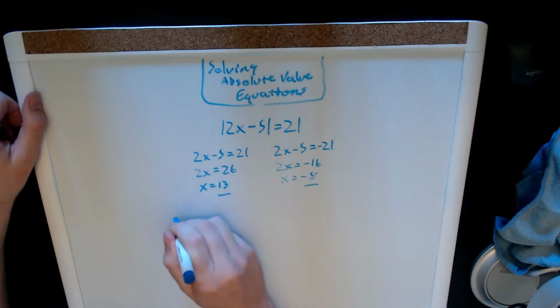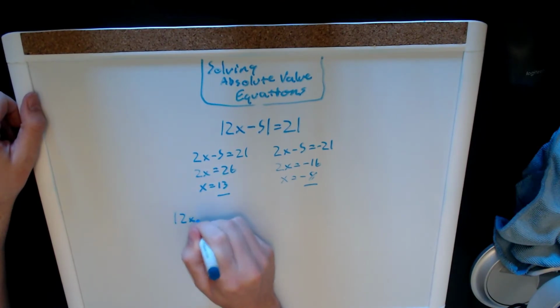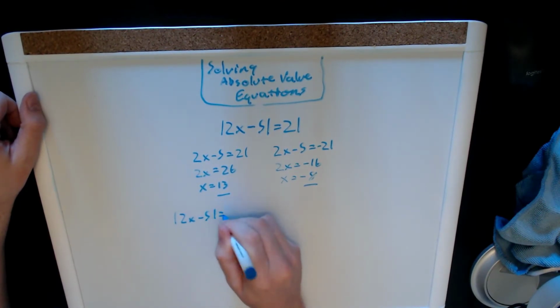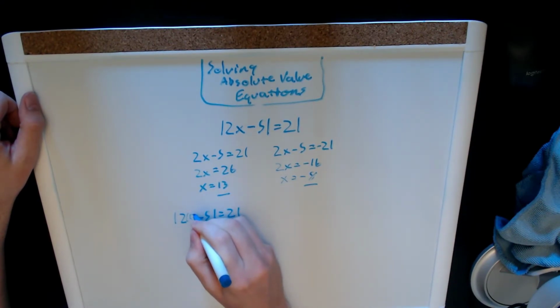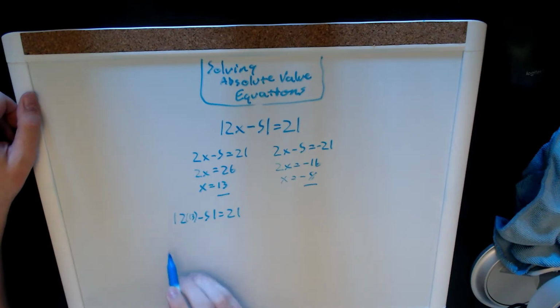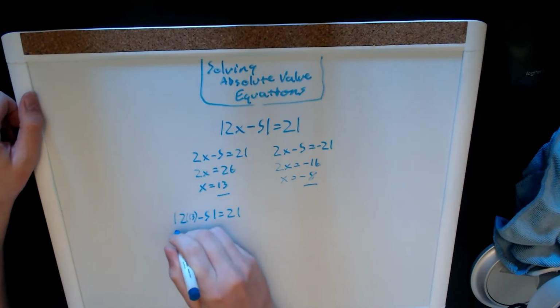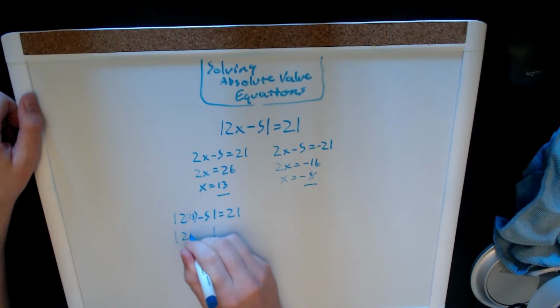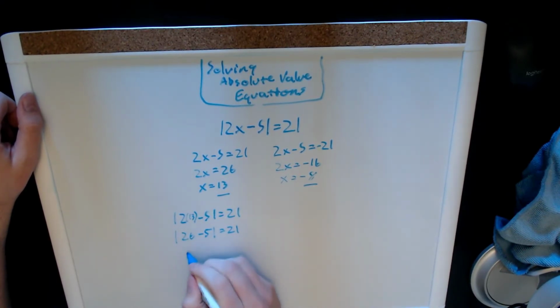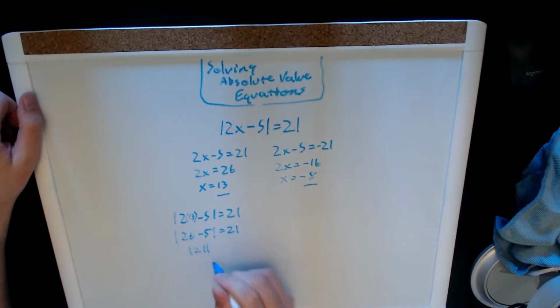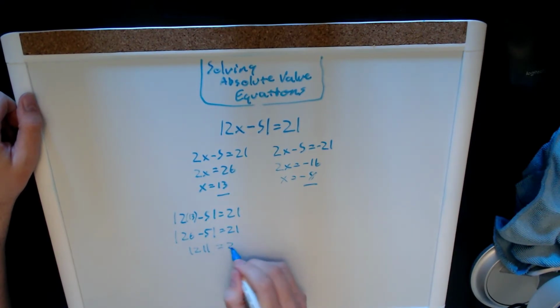So if we start with our absolute value of 2x minus 5 equals 21, but we substitute in 13 for x, well, 2 times 13 is 26, minus 5 is 21. The absolute value of 21 is 21.